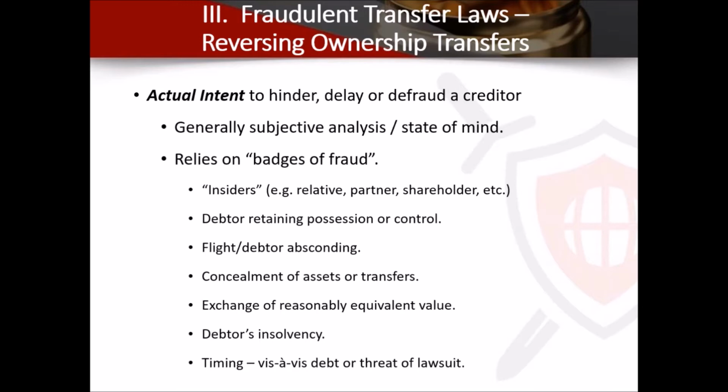So what the law has developed into is basically proving actual intent through what are known as badges of fraud. Badges of fraud are little factors, not one of which is really determinative, but that you can show suggest someone was engaging in a fraudulent transfer.